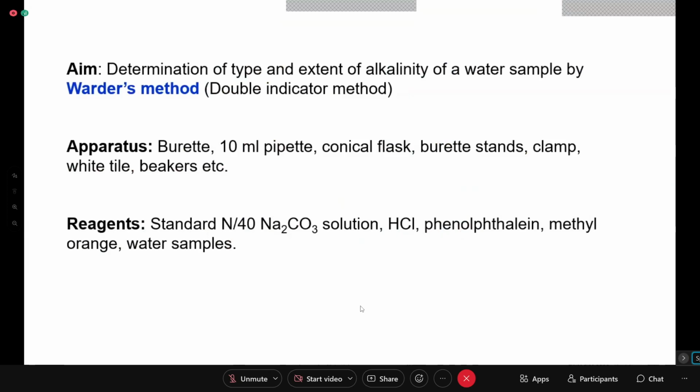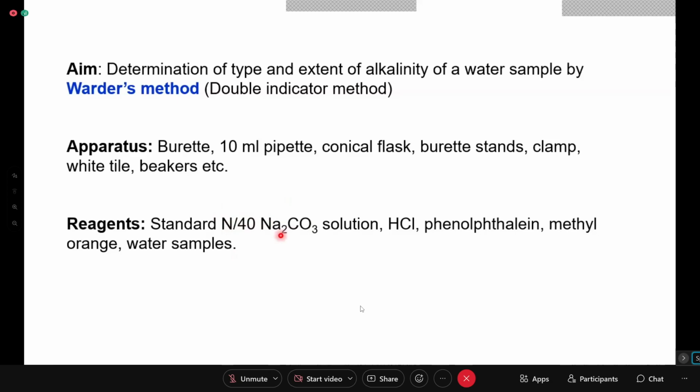And here we are using N by 40, that is, N by 40 means 0.025 normal Na2CO3 solution. Normal and molar are different for sodium carbonate because the molecular weight by 2 will be the equivalent weight, and we are saying normal means we are considering the equivalent weight of sodium carbonate for calculation and preparation of the solution.